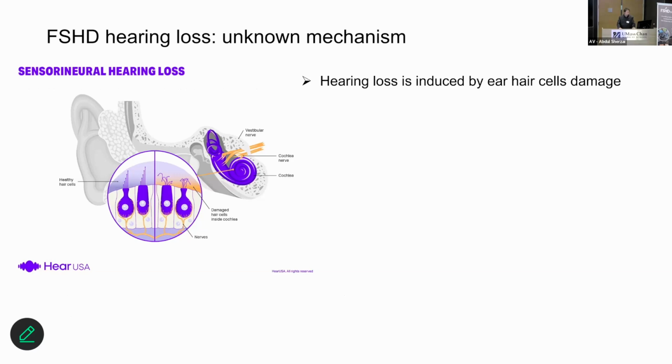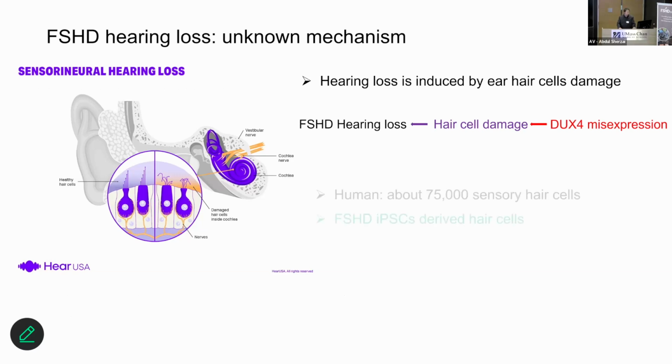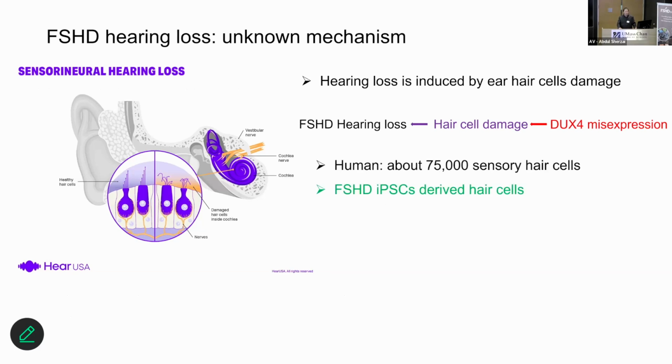So we thought that maybe FSHD hearing loss is induced by hair cell damage caused by DUX4 misexpression. But in humans, there are only 75,000 sensory hair cells, so it's very hard or impossible to isolate these cells. So we thought that FSHD iPS-derived hair cells are a good choice to investigate the mechanism.